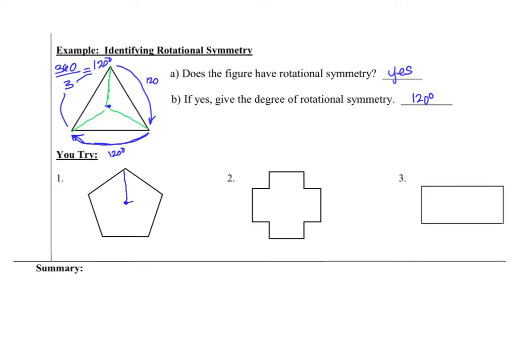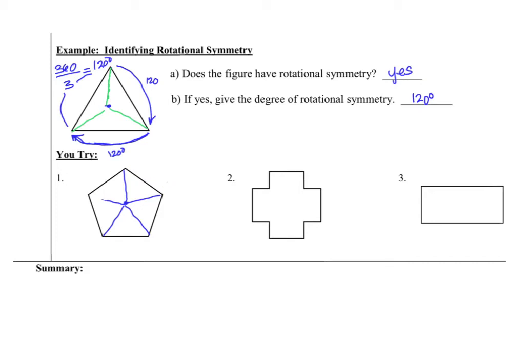I can break this up into triangles. It looks like I would have 5 equal triangles. So if I were to rotate this top corner to this corner one time, the shape would map exactly onto itself.